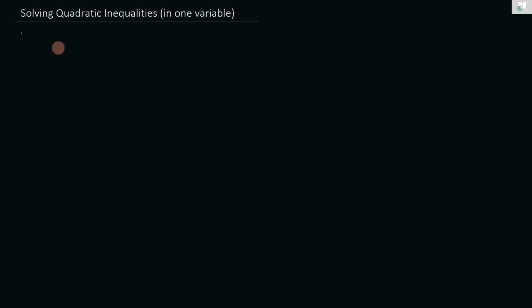So for the first one, let me give you one that's already factored. 2x plus 5 times x minus 3, and let's make this less than 0, say. Same as always, you need to have 0 on one side of your equation, because that's what you care about, finding the zeros, since we're using the zero property of quadratics.